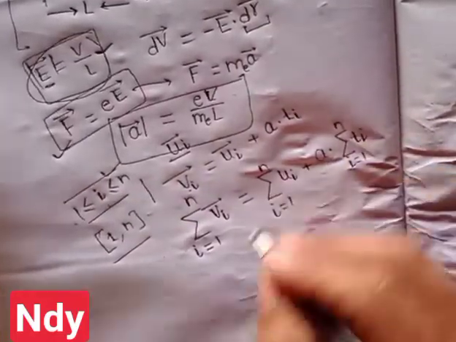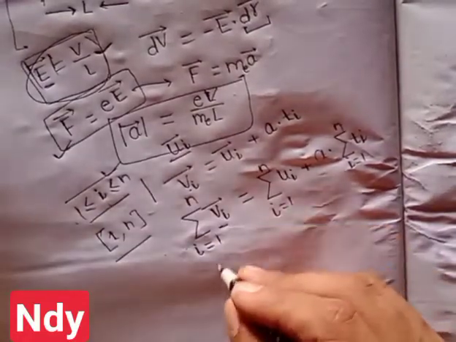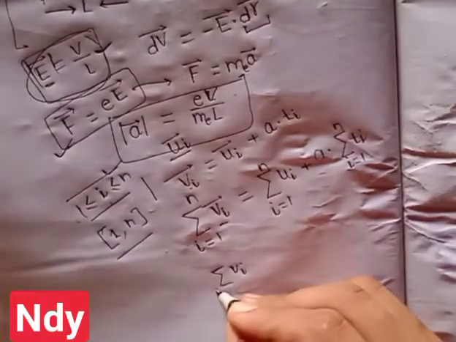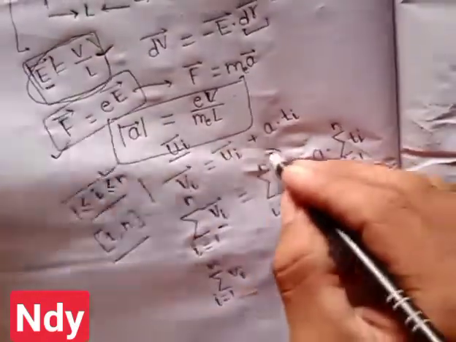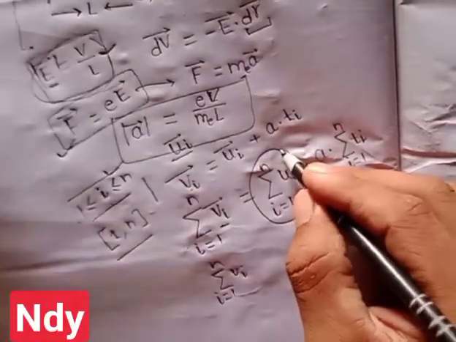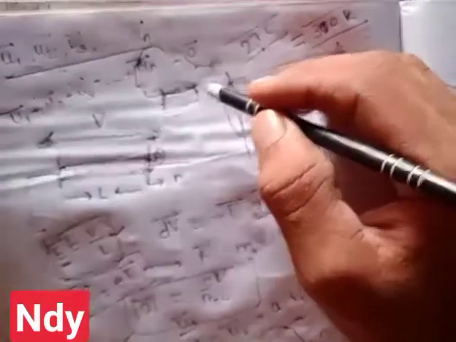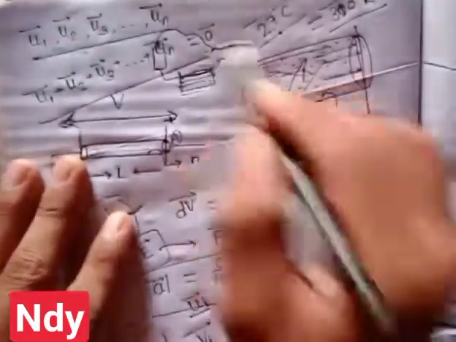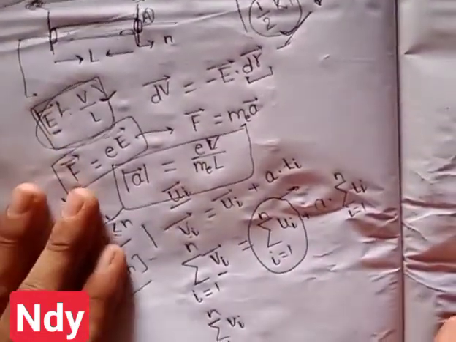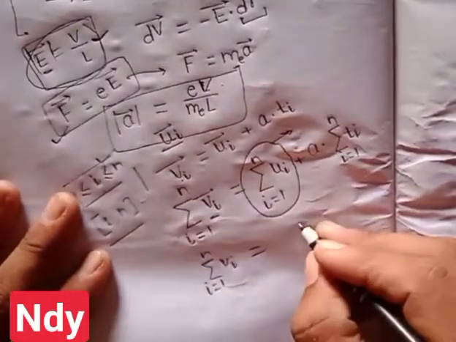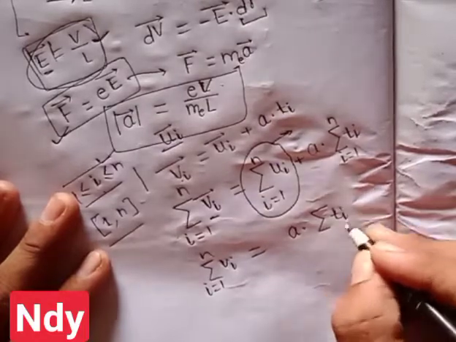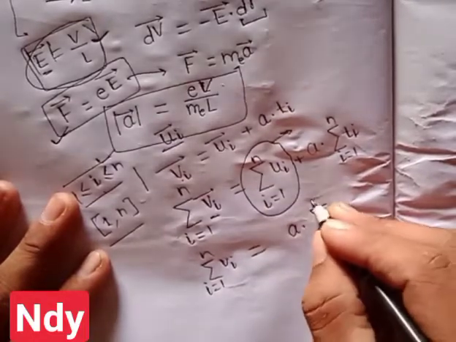For the initial velocities, we know that this summation is equal to 0. So if we put it here, what we get is a times sigma ti, i runs from 1 to n.